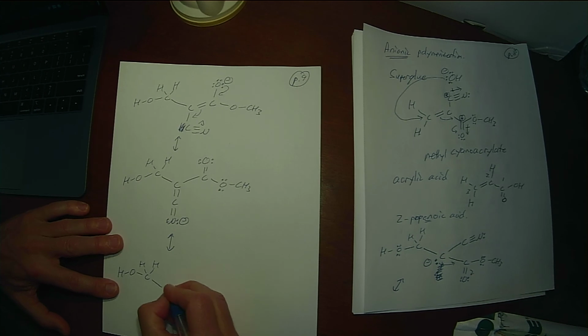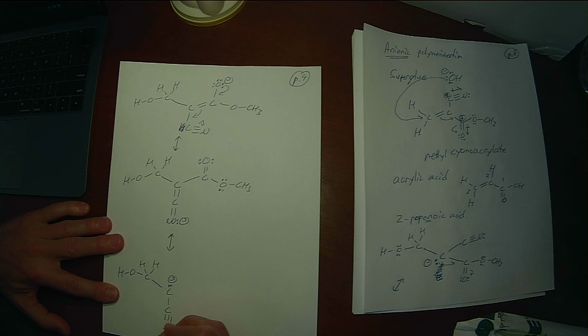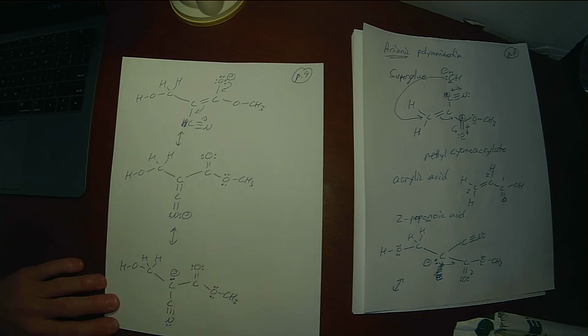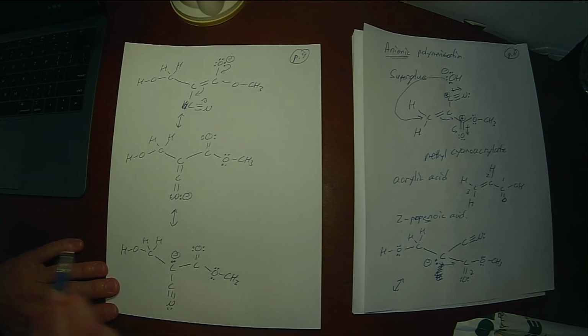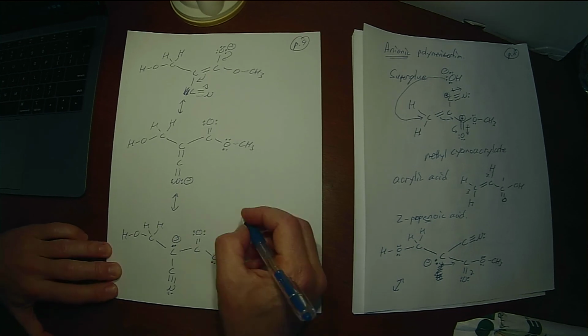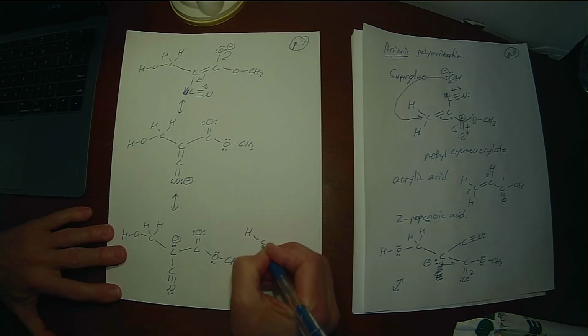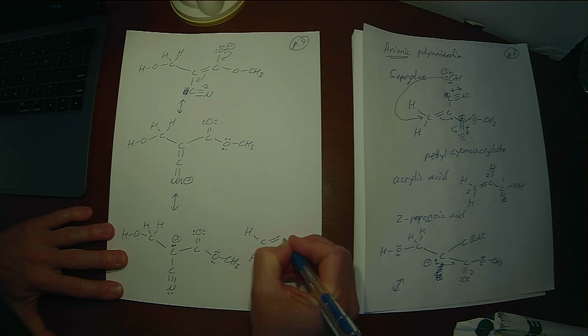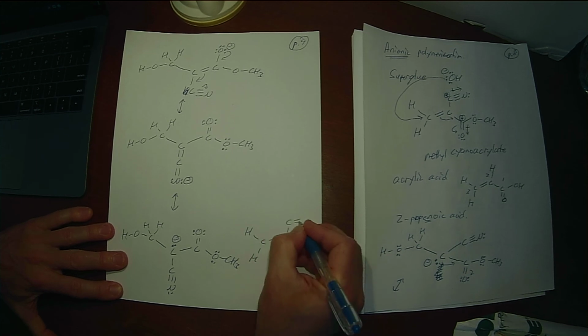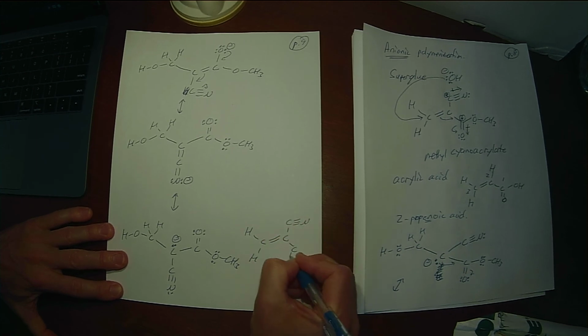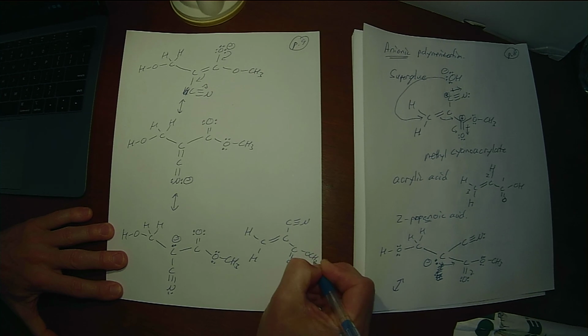One of which has the negative charge on the carbon, one of which has the negative charge on the nitrogen, and one of which has the negative charge on the oxygen. Okay. So if this negative charge here were to react with another molecule of cyanoacrylate, one of the annoying things about polymers is they're big molecules, so there's lots of writing.